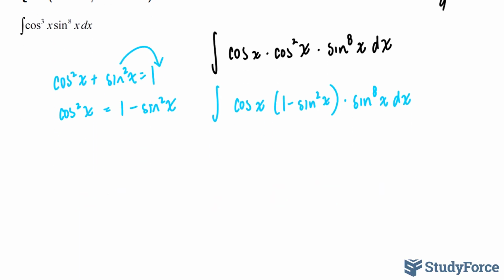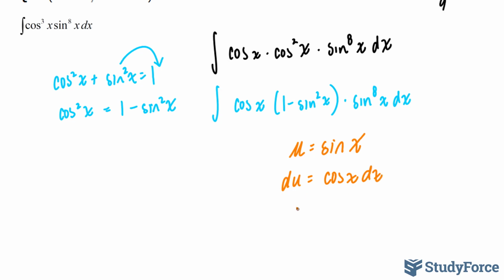I'm going to use substitution now and choose my sine as my u. The reason why I chose sine as my u is because A, there are two sines here, and B, the sines have an even power. So you want to look for that. Taking the derivative, we end up with du is equal to cosine x dx. The derivative of sine x is cosine x.